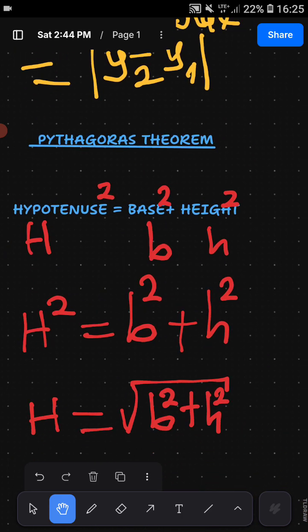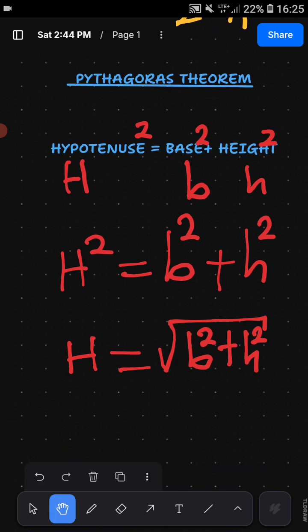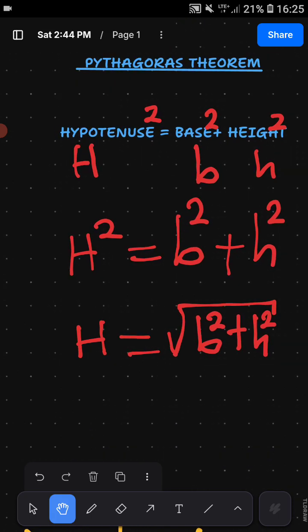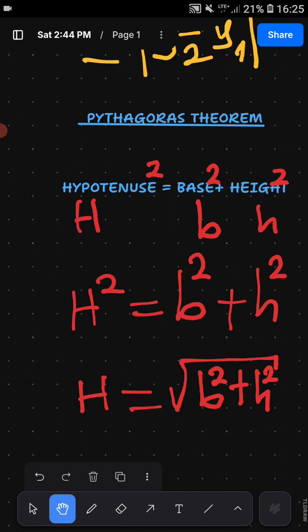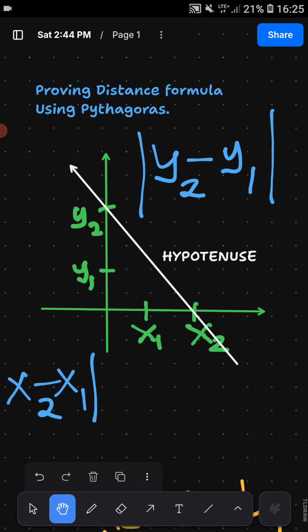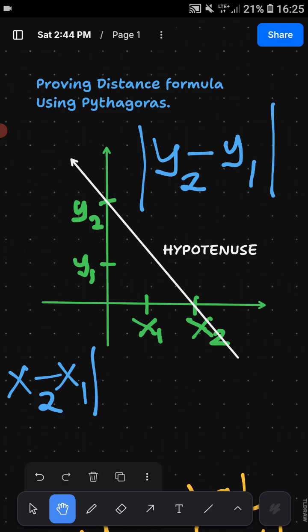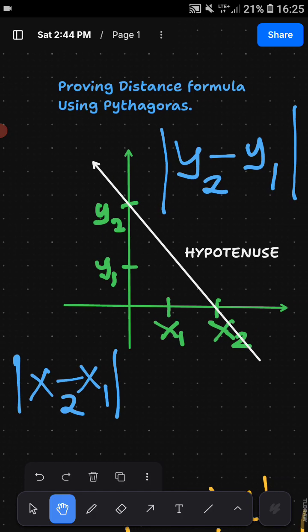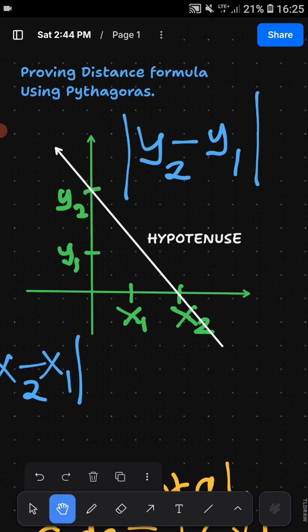The Pythagoras Theorem says that in a right angle triangle, the square of the hypotenuse is equal to the square of the base plus the square of the height. Now, if we go back to our figure, the height here is the y-axis side, and the base is the x-axis side.